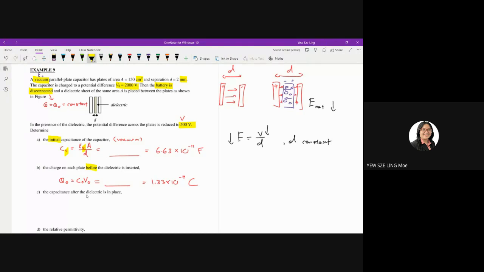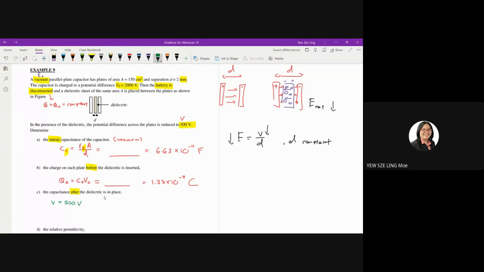Next, it asks you to determine the value of the capacitance after the dielectric is inserted. How are we going to solve this? First of all, do we have a final V? Yes, we do: final V is equal to 500 volts.